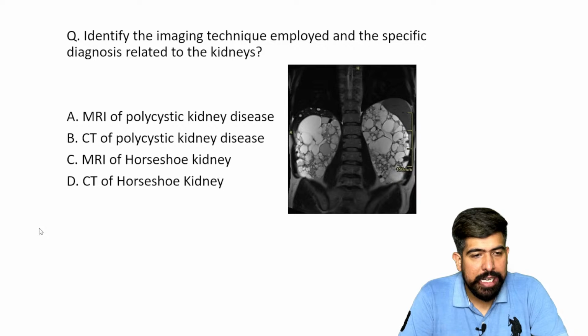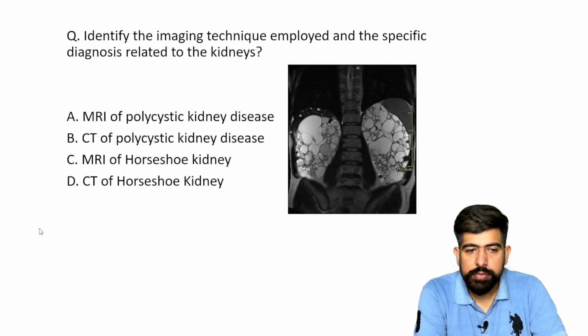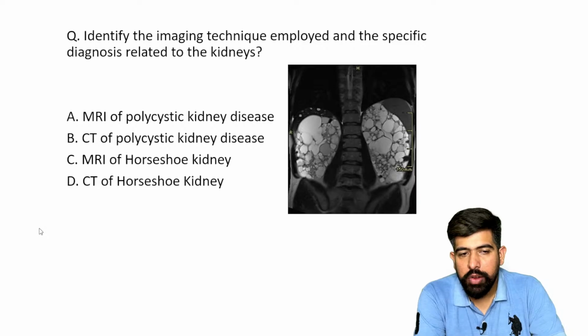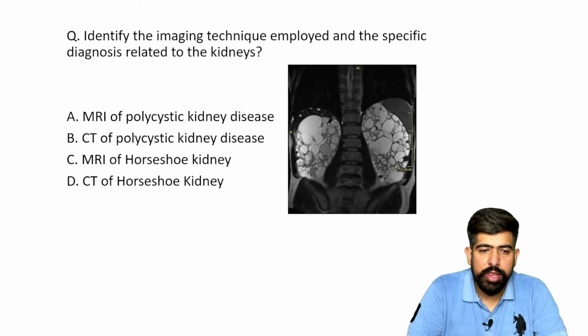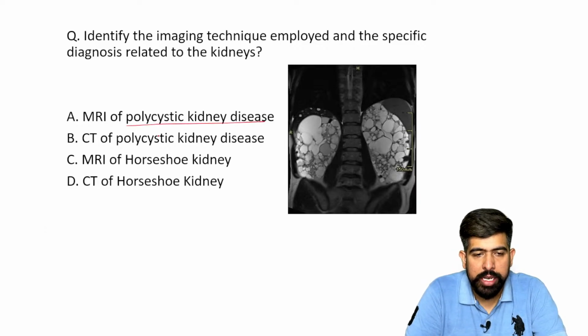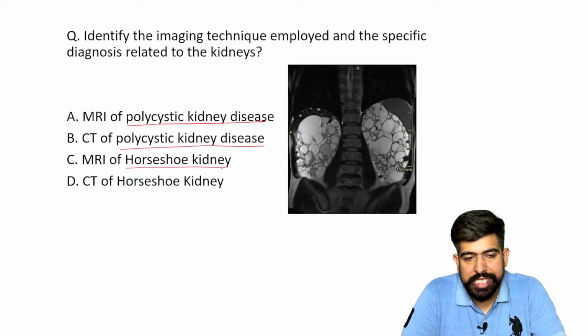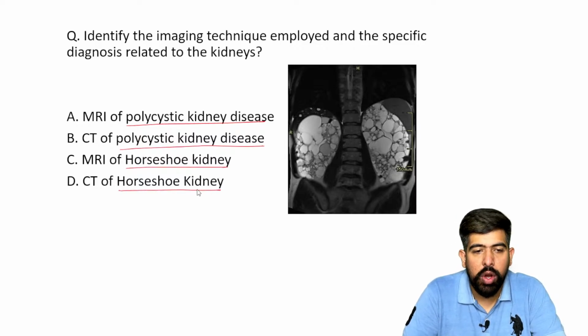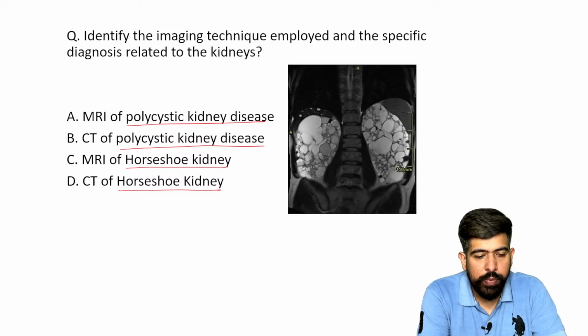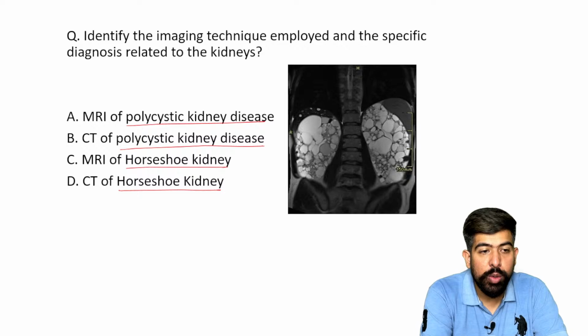Try to identify the imaging technique employed and the disease diagnosed related to the kidneys. First of all, they are asking about two types of diseases. Options A and B say polycystic kidney disease, and options C and D say horseshoe kidney. So first of all, try to rule out the disease so the options can be ruled out.